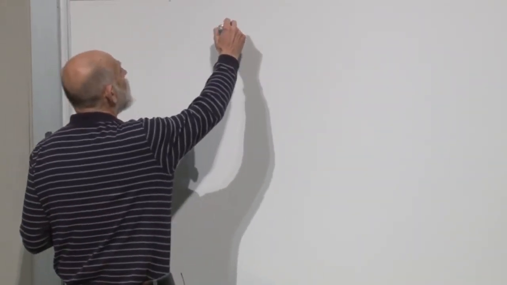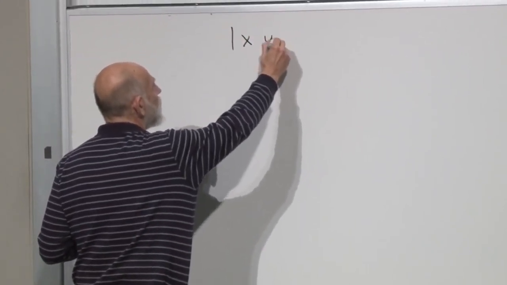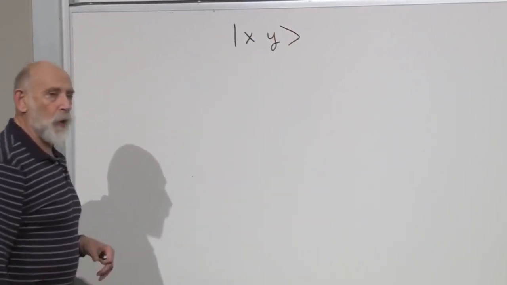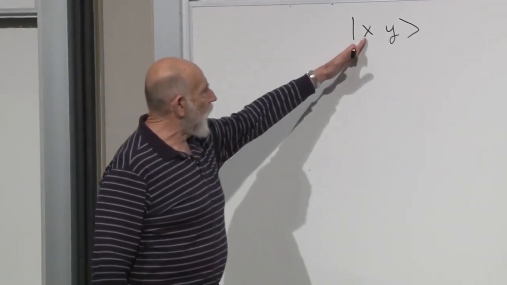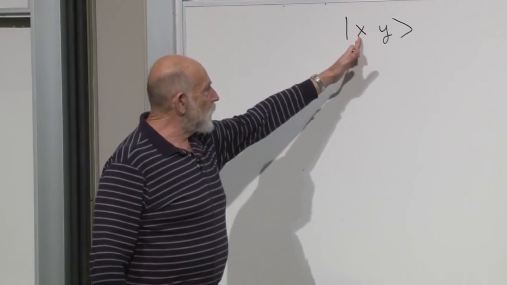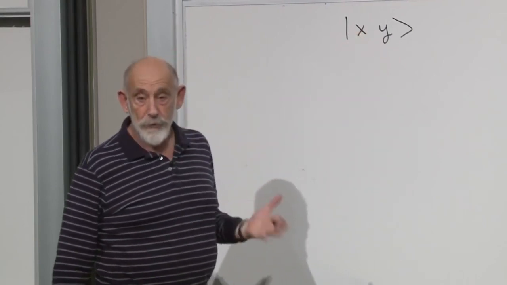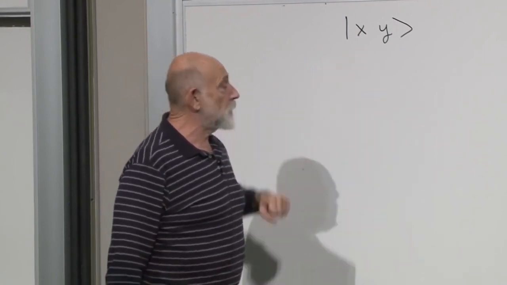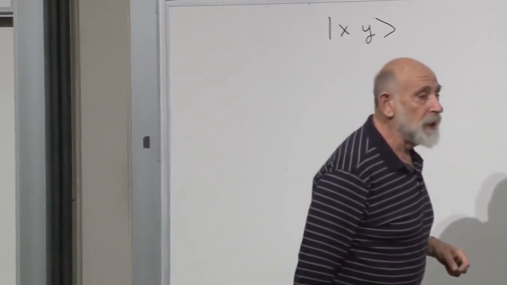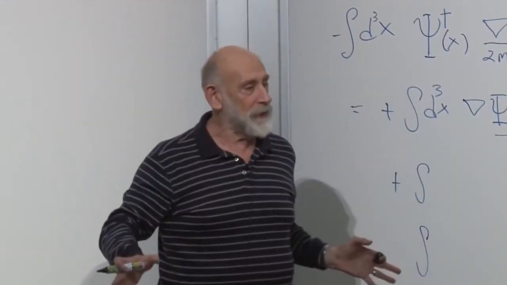A particle at x and another particle at y. Particle 1 now stands for which slot? This is slot 1, this is slot 2. This stands for particle 1, this stands for particle 2. X stands for the position of particle 1, y stands for the position of particle 2. Neither x nor y refers to the x and y coordinates.